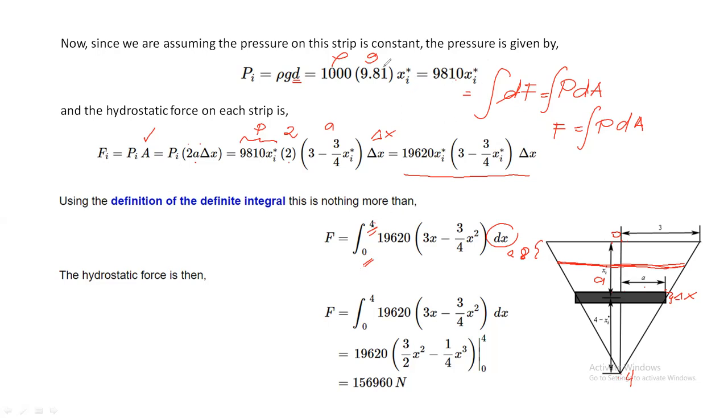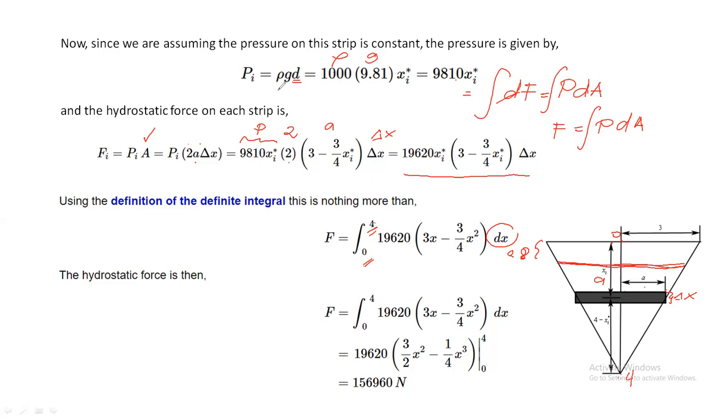Okay, I have a question. Ma'am, where did the 19,620 X sub I come from? Wait. Okay, 9,810 times 2. So that would be your 19,620. Then it is affixed with X sub I because it is the variable.